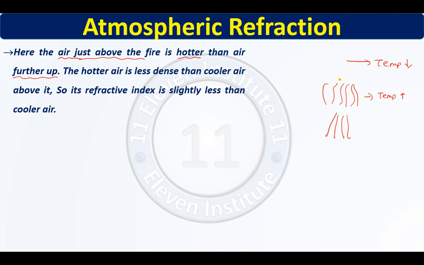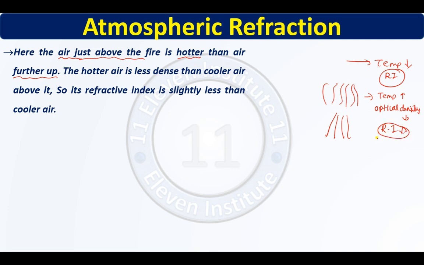So there is a temperature difference, and based upon this temperature difference there will be difference in the refractive indices also. If temperature is more, optical density will be less. If optical density is less, the refractive index is less. Similarly here, if temperature is less, the refractive index will be more.